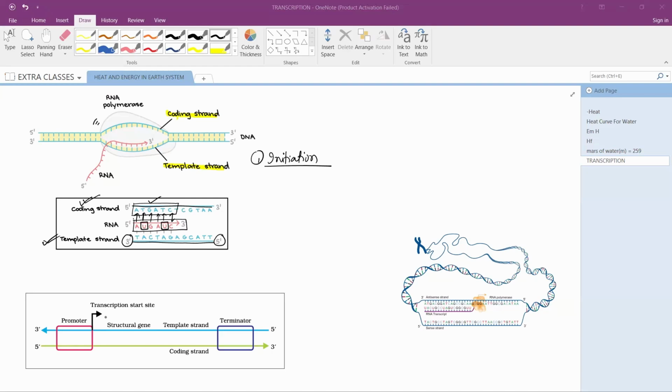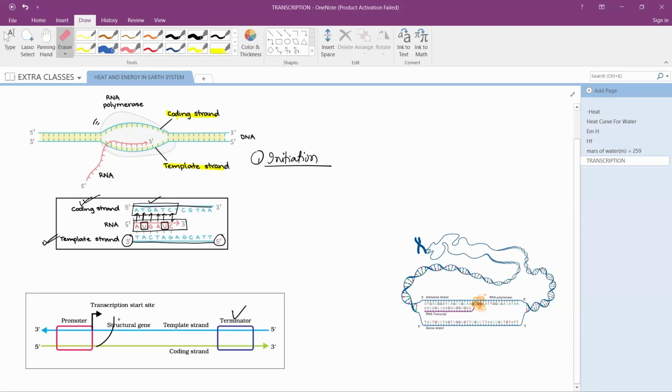So this is the region from where transcription starts. That's why RNA polymerase will bind at this region, at the promoter region. And this is the terminator region.